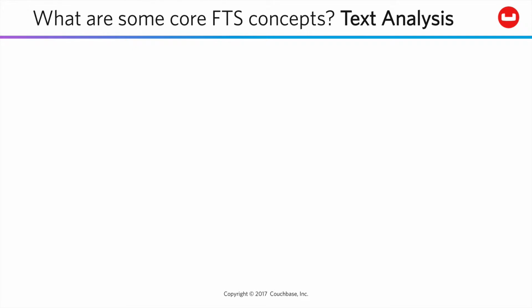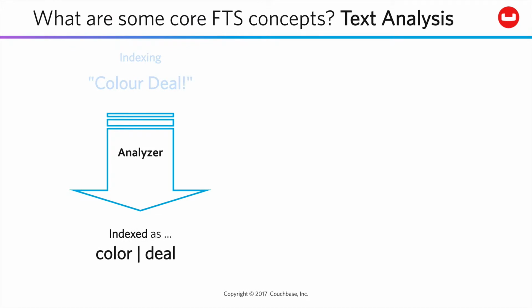Now, notice there that I said both index and search, because you need to analyze your text and process it in the same way, both as you store it and as you look it up, usually. So if I were indexing a phrase like colour deal with English spelling and an exclamation point, I might run it through an analyzer which reduces it to two terms as shown, color and deal, no punctuation and a common spelling.